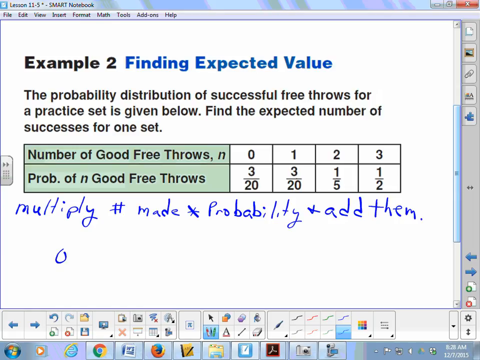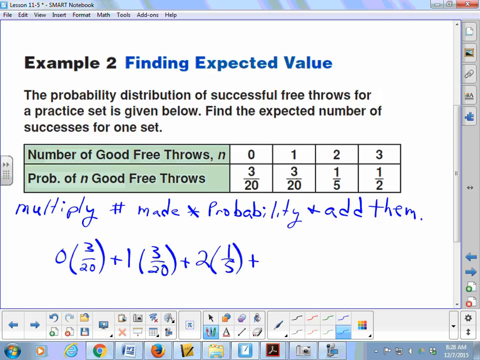So we have 0 times 3 over 20 plus 1 times 3 over 20 plus 2 times 1/5 plus 3 times 1/2.